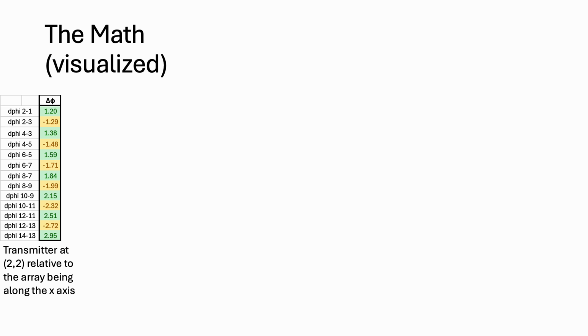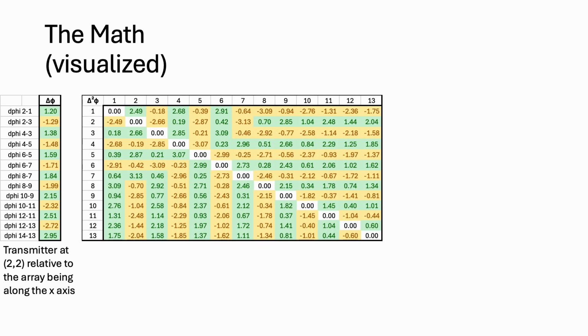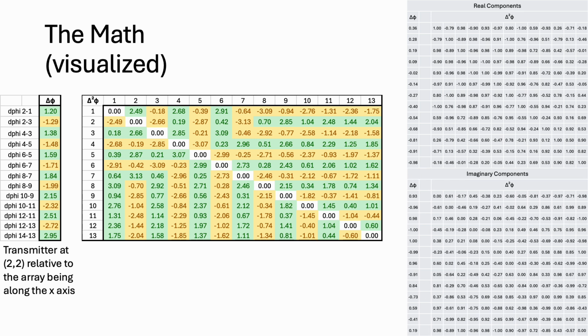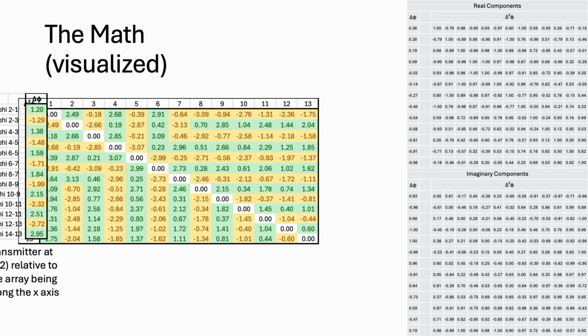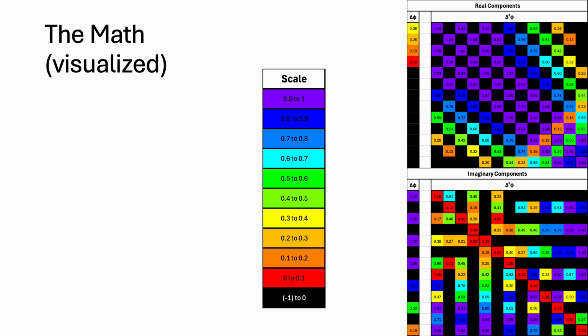So the visual example of the math is we have 13 phase differences that we've calculated using our steering vector. We take their pairwise differential and we split them into real and imaginary components. Now, seeing these real and imaginary components in terms of what our neural network will see is a little difficult, so let's add some color.